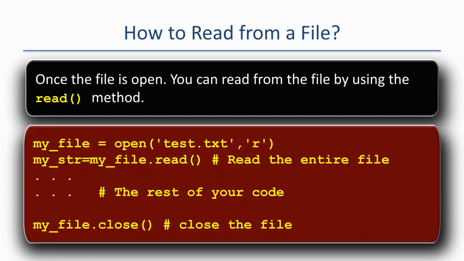In the second line, I am reading from the entire file, and I'm assigning the result to a variable called myString. So in that case, the variable would include the entire file. Then I go through my program and do the rest of my code, whatever I want to do with the content of the file. And you have to remember that at the end, you have to close the file.